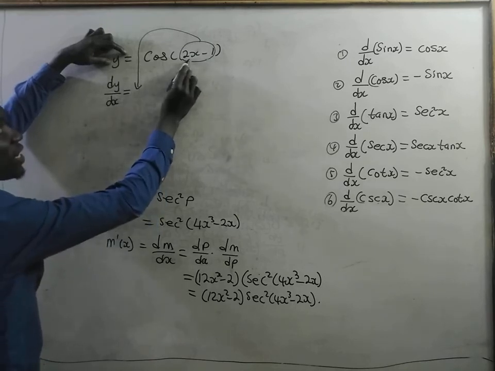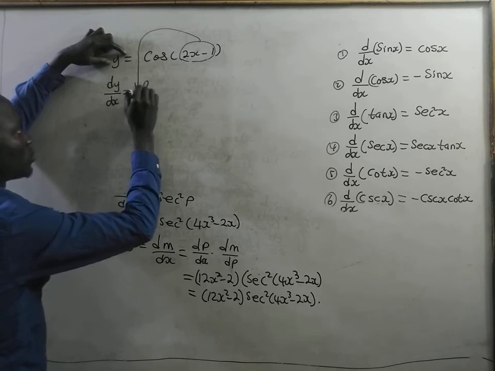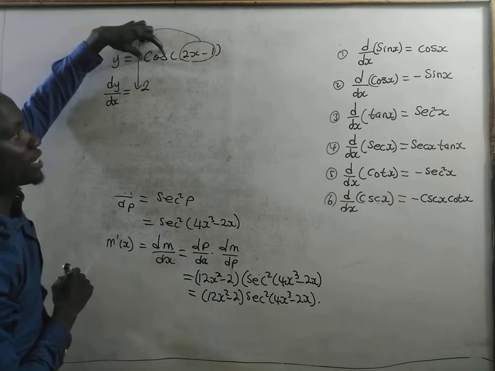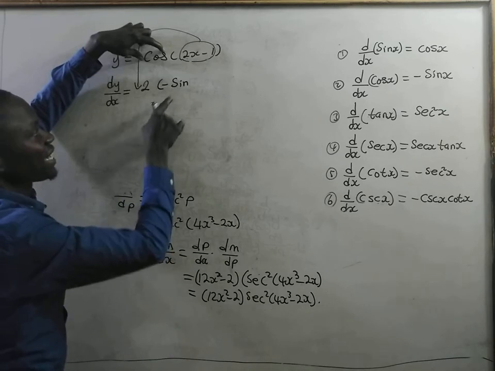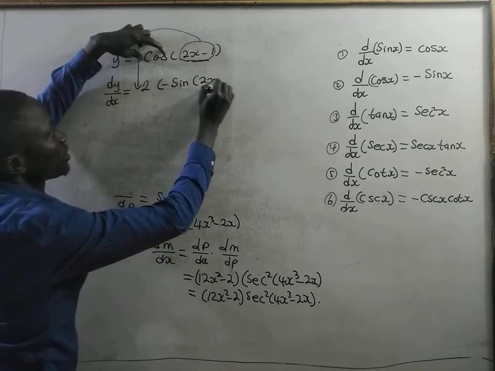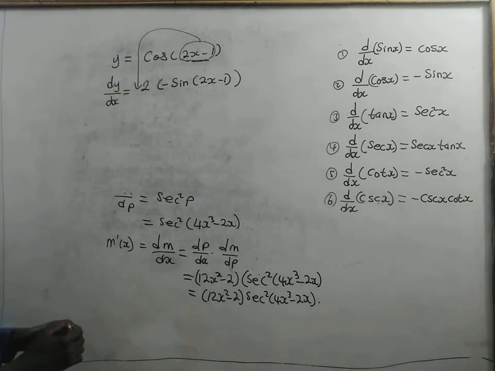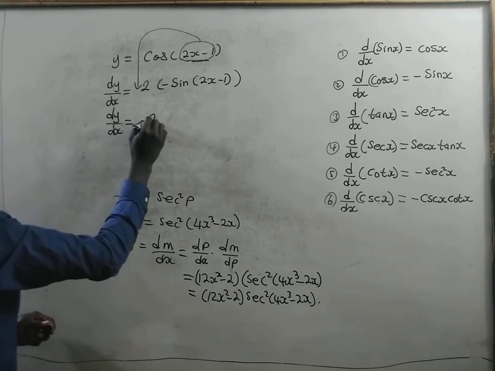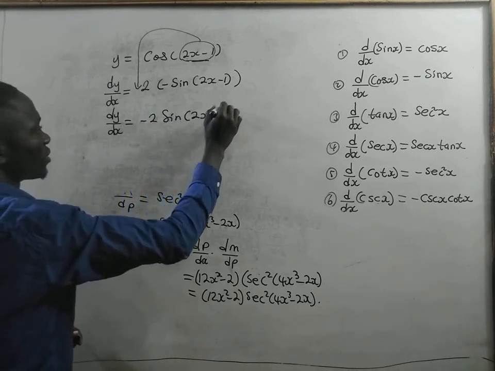If I differentiate 2x minus 1, I'll get 2. Then if I differentiate cosine, what do I get? I'll get negative sine. Negative sine of what? The angle that is there. So I'll put 2x minus 1. Very, very simple as that. So the derivative of y with respect to x is now negative 2 sine of 2x minus 1.